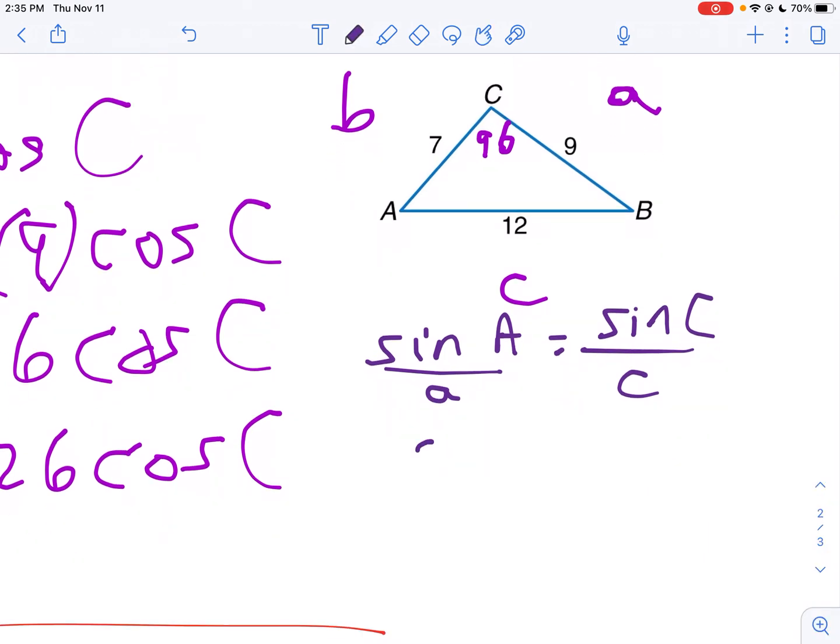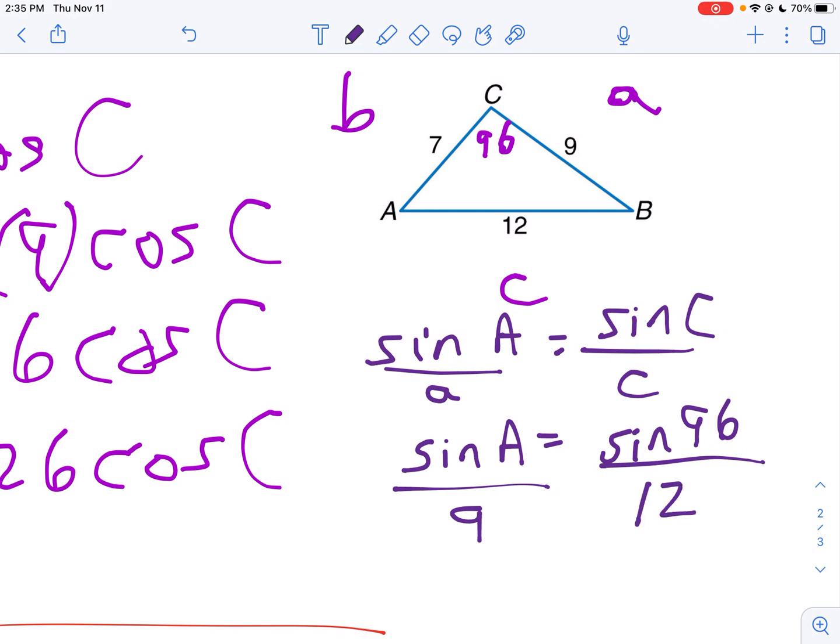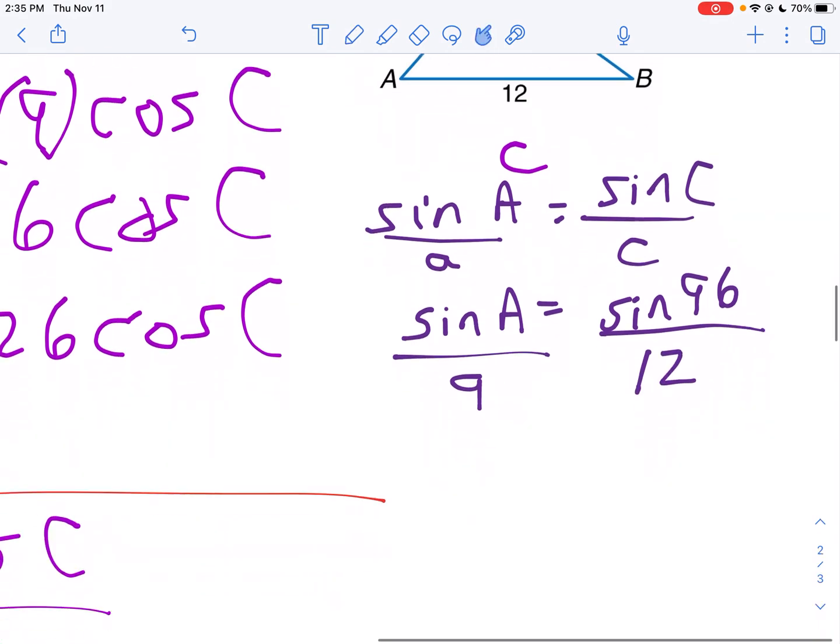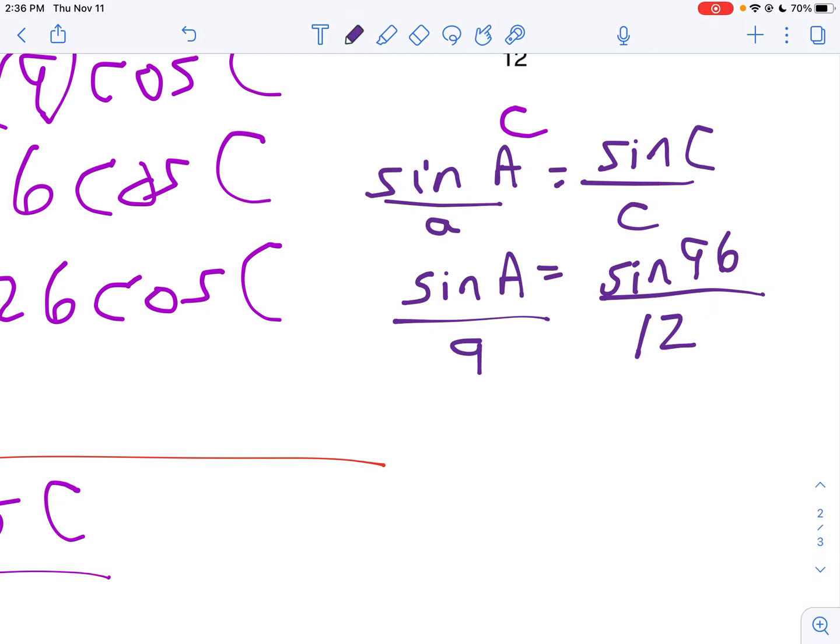So the sine of angle A divided by side A, which is 9, equals the sine of 96 divided by side C, which is 12. Well, to solve for angle A, I'm going to multiply both sides by 9. So I get the sine of angle A equals 9 times the sine of 96 divided by 12.